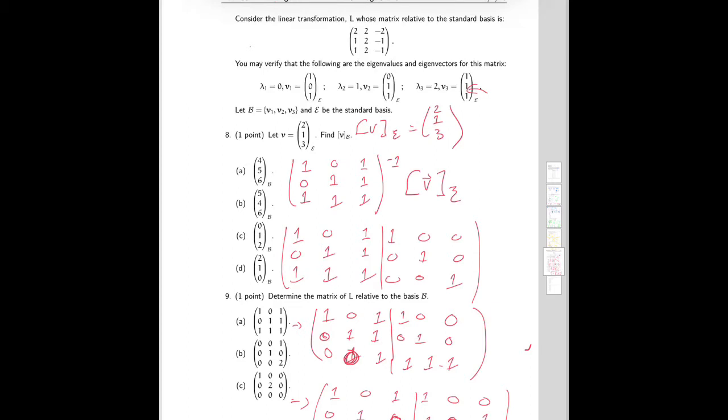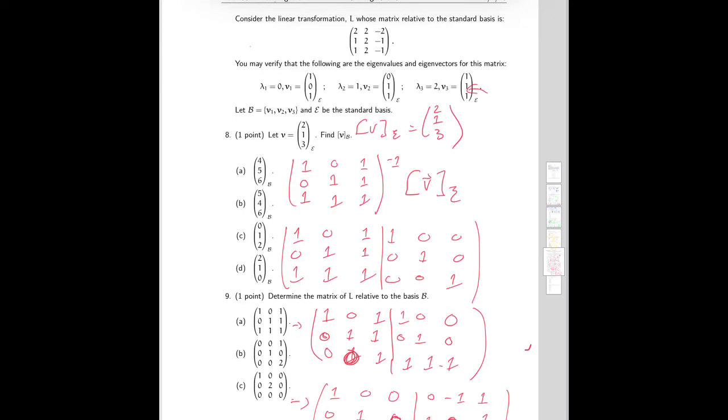And now I'm just going to subtract row 3 from row 1. So 1 minus 1 is 0, 0 minus 0 is 0, 1 minus 1 is 0, 1 minus 1 is 0, 0 minus 1 is minus 1, and 0 minus minus 1 is 1.